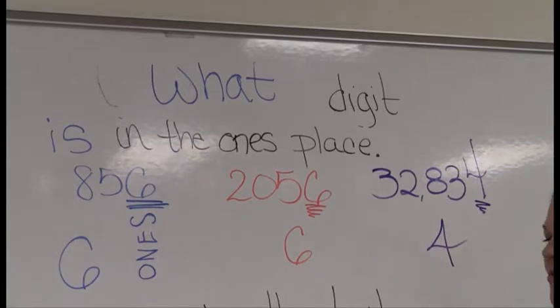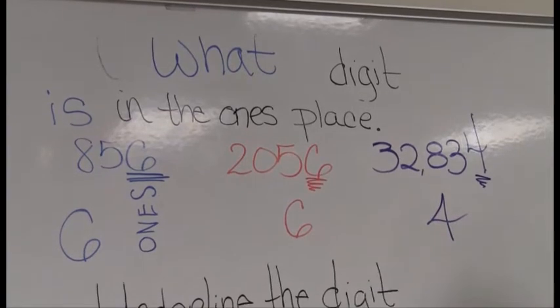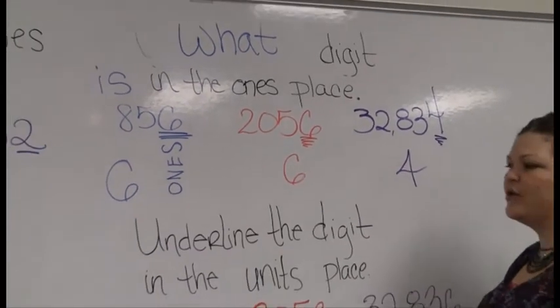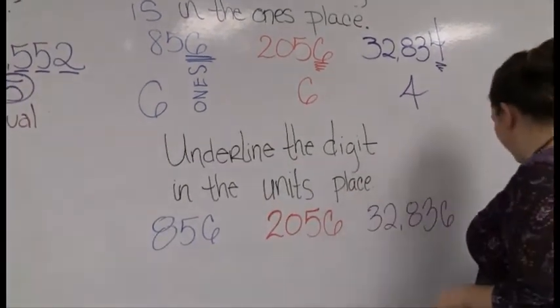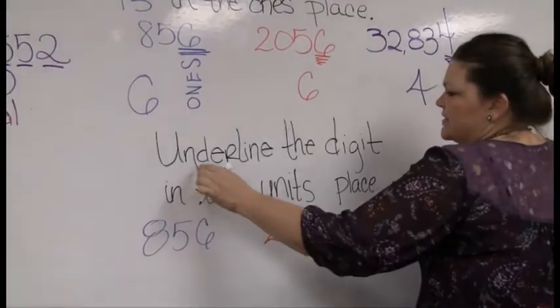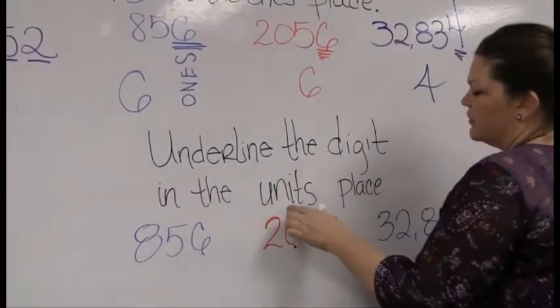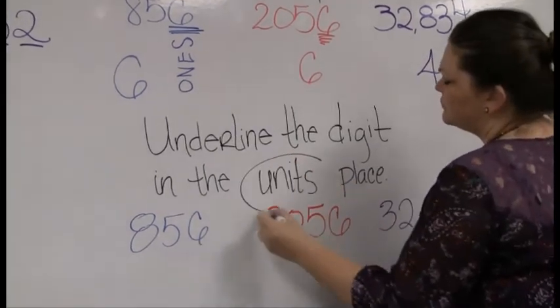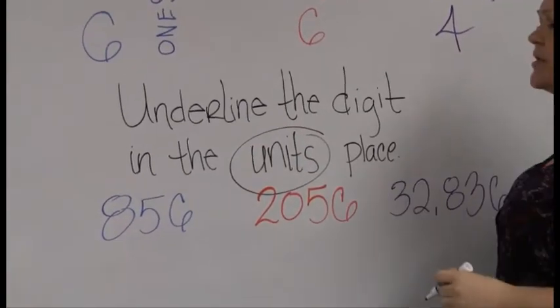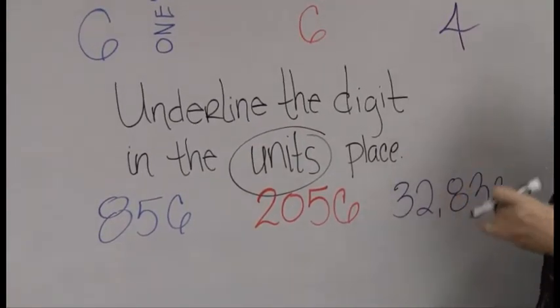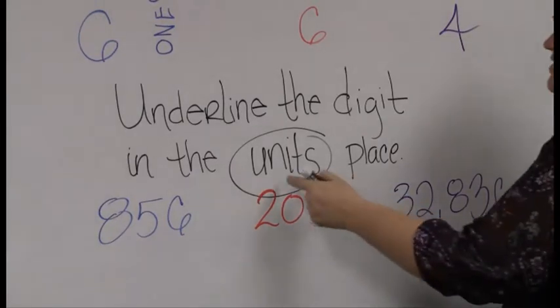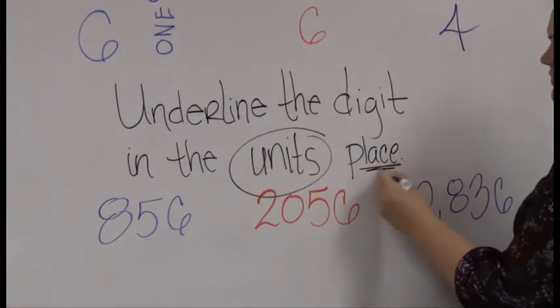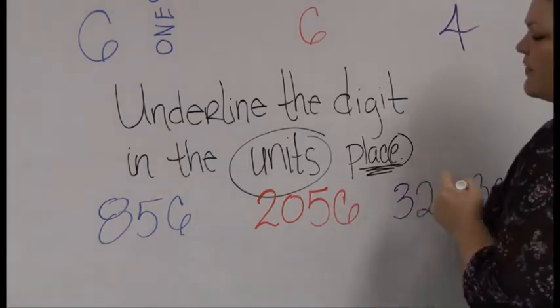Now I want to make you aware of this trick. We don't actually see this in section 1.1, but other places in the book, you're going to see them use an alternate word. So it says underline the digit in the units place. And yes, we learned that the units place refers to the first 3, but if I just say in the units place, singular, I'm talking about the ones again.